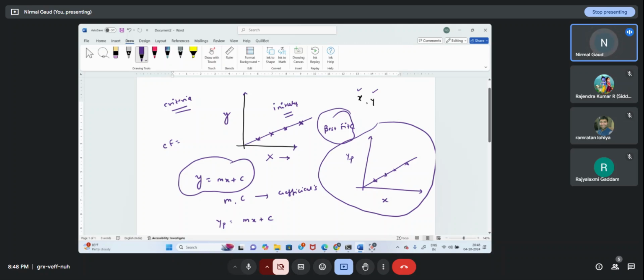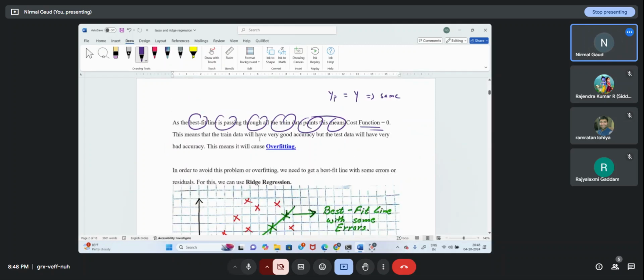Okay, so if the best fit line is the line passing through all the training points, you have built the training points, you got the points like this, and if you make a line, it should cover all of them. If it does, then it's a best fit, else it's not. This means that the training data has very good accuracy, but if the data doesn't follow, then it is said to be an overfitting.